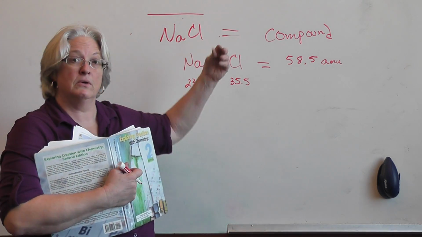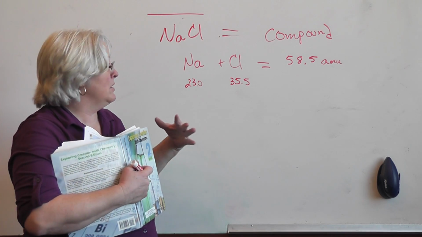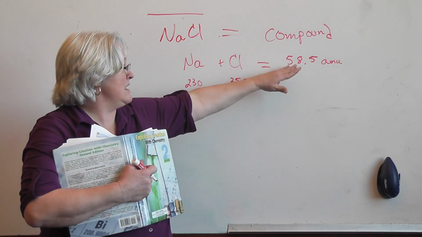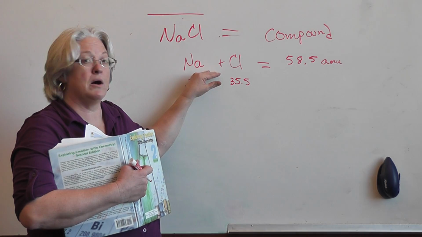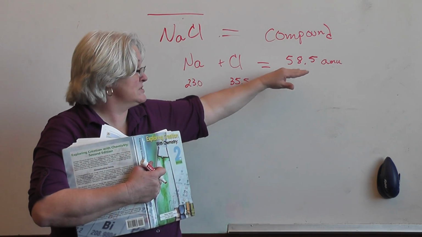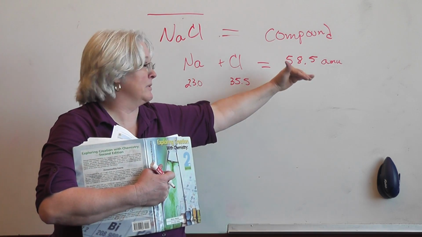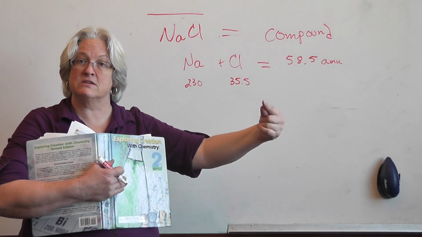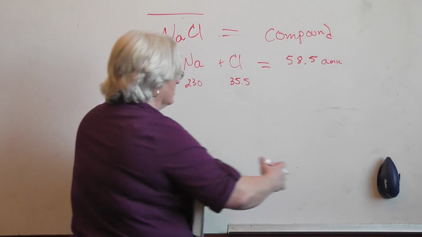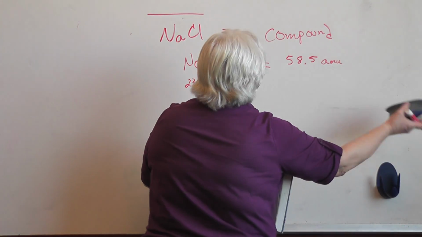Now what do we know from Avogadro's number? We know that if we have the same mass of the compound in grams as we do the mass of that compound in atomic mass units, that's equal to 1 mole. So what do we know here?